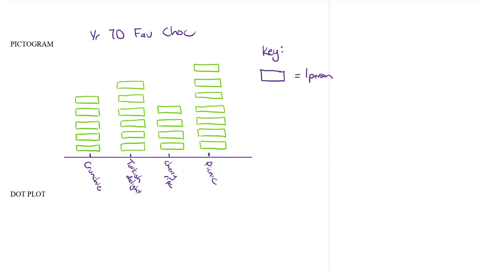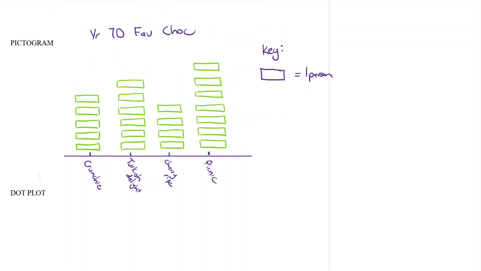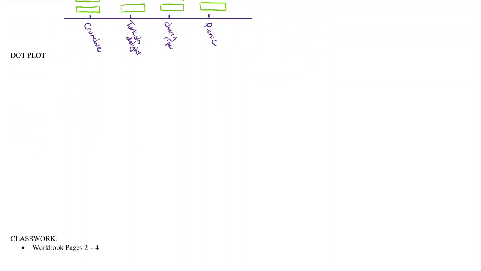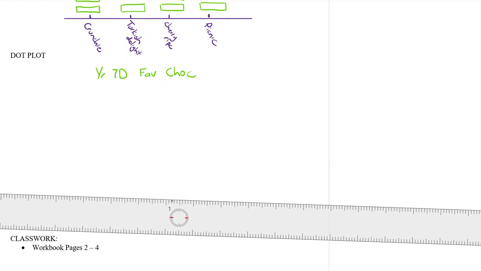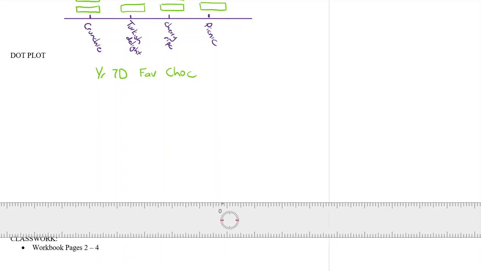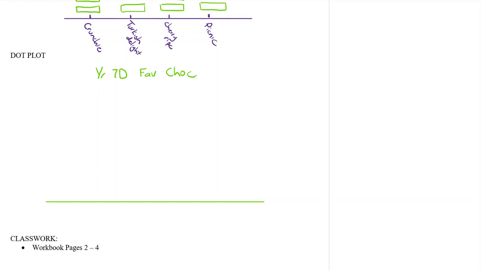Okay, one more graph, which is the dot plot. It's very similar. Don't forget we need a title, so I'm going to put it on there first. Year 7D favorite chocolate. Now it's very similar to the pictogram in that we're going to start with a line down the bottom, but we use dots. We always use dots above them, and we don't need to have a key.